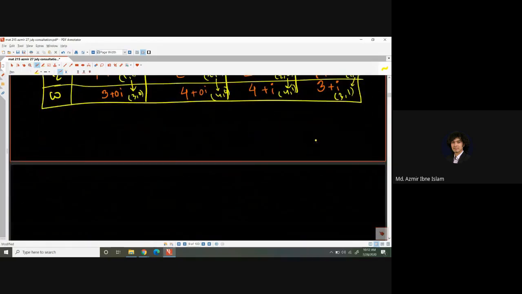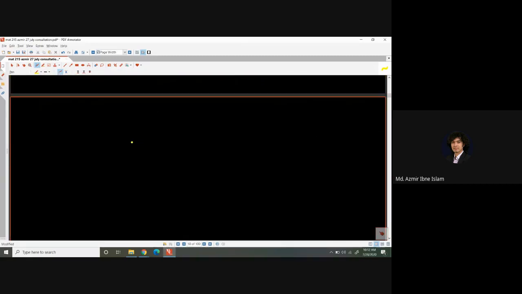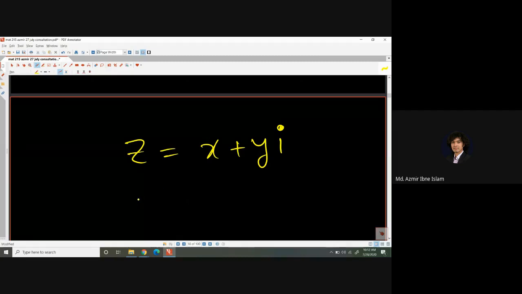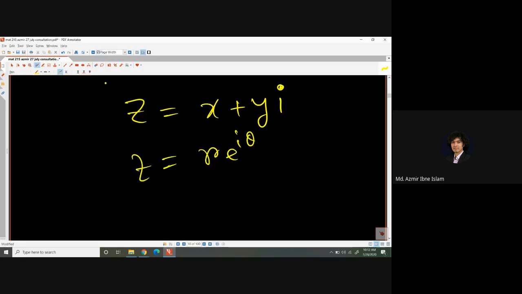Can you please tell me why we use z equal to x plus yi here? You already know that z equals r e to the power i theta. These are the common notations.